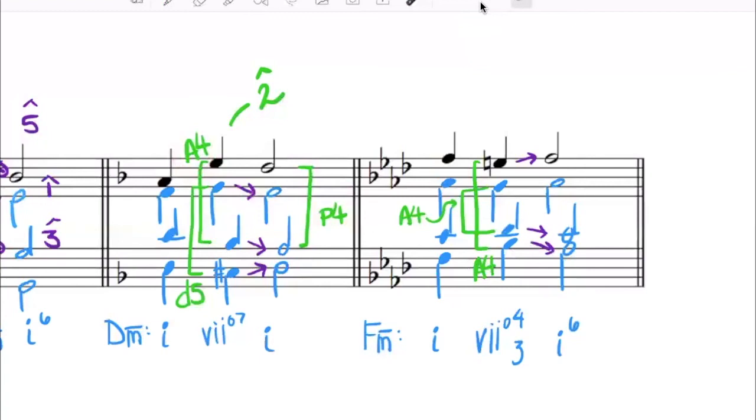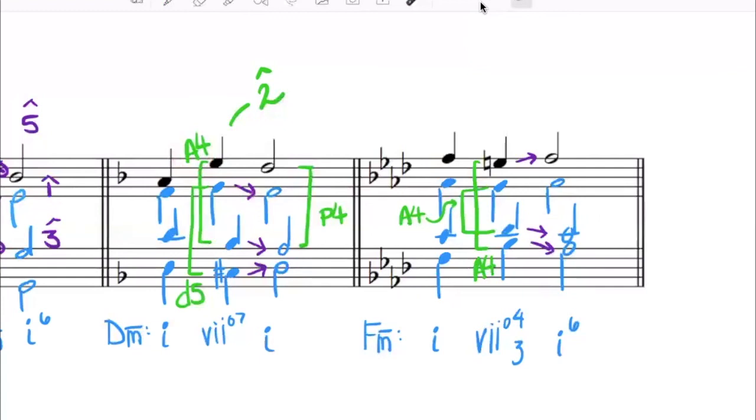But I gave you this particular one to show you that you can't always resolve both tritones the way you want to. In the instance of an augmented fourth, if scale degree 2 is involved like that, you're likely going to be okay. You're just going to have an augmented to a perfect fourth, which doesn't break any rules.